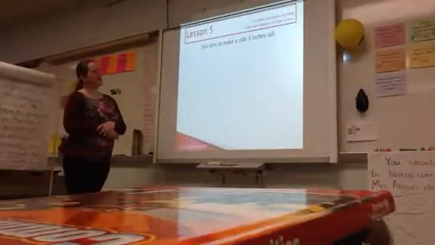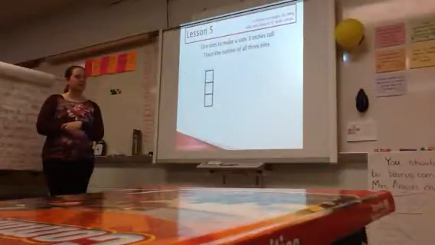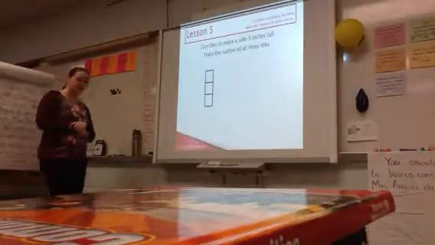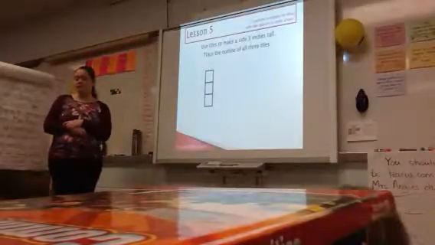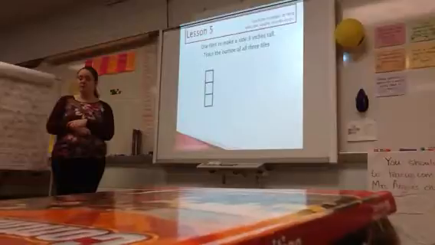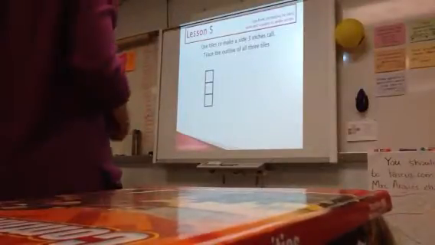So use tiles to make a side 3 inches tall. Trace the outline of all of the tiles. So you've got your tiles, grab your tiles out. Or if you want to use a ruler, that's fine. I gave everybody a ruler on Friday.